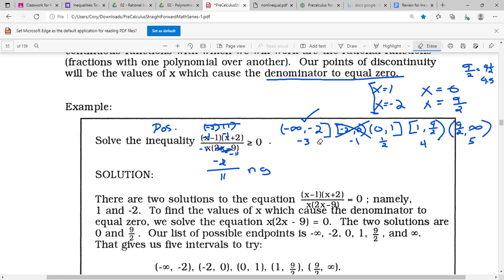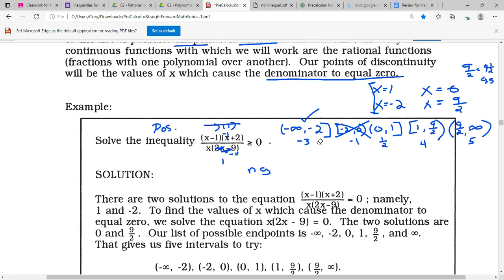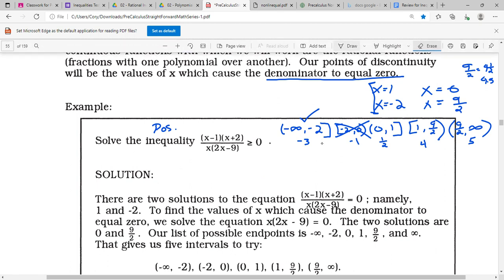Okay, next one. So all I'm doing is taking a random number from the interval and I'm plugging it in just like we did in the last one. Alright, 1/2. 1/2 minus 1 would be -1/2.